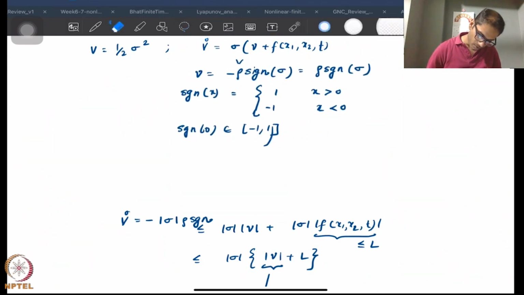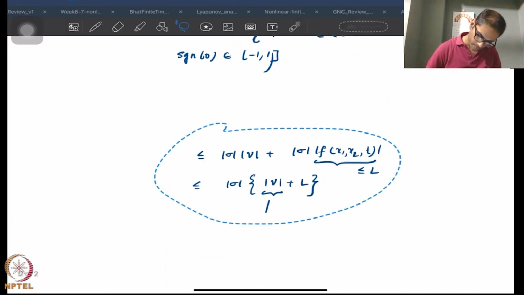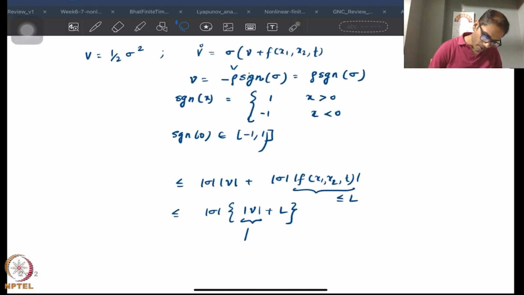So basically what we are doing is we are actually selecting the v term first, right?